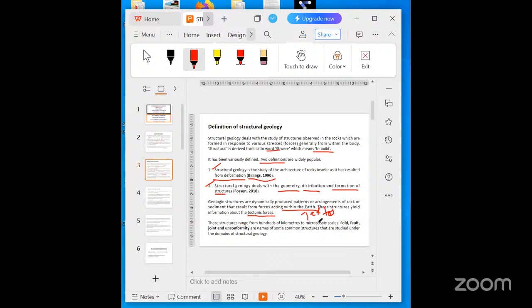So tectonics is the study of the forces and motion that result in rock deformation and structures, right? These structures range from hundreds of kilometers to microscopic scales. Faults, folds, joints, and unconformities are the names of some common structures that are studied under structural geology, right?